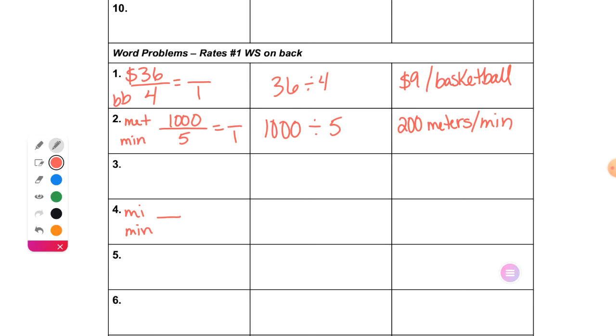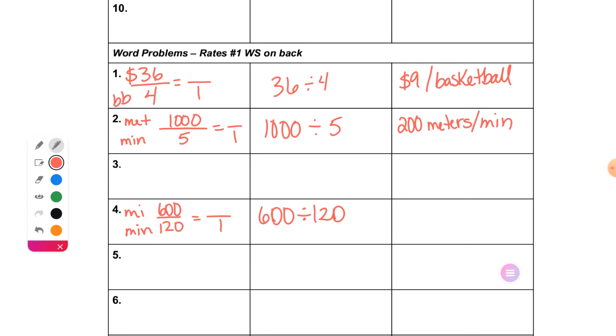How many miles did it give me in my initial rate? Nate? 600 miles. In how many minutes, Sophia? 120. Which of those numbers am I trying to get to 1 if I'm looking for miles per minute, Sadie? I'm trying to get minutes to 1. So what division problem, Stella, am I going to have to do? 600 divided by 120.